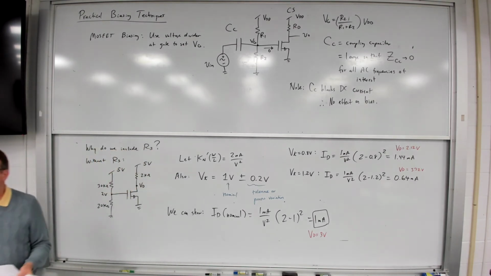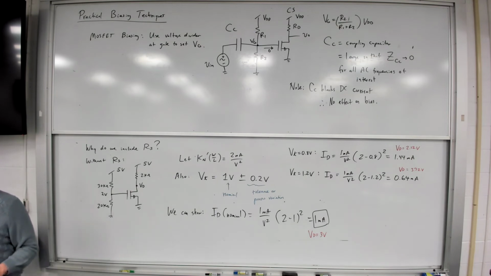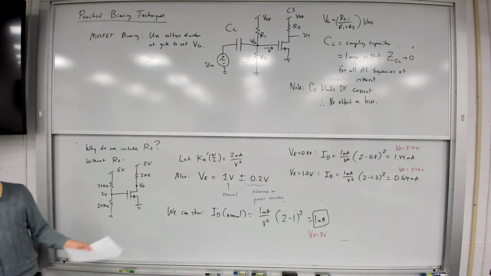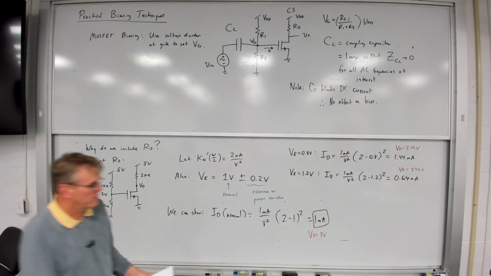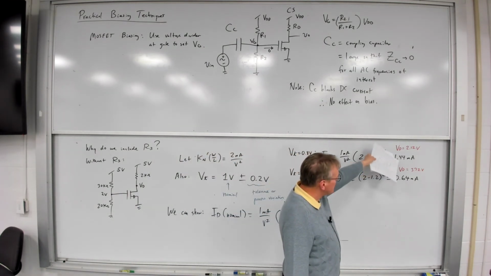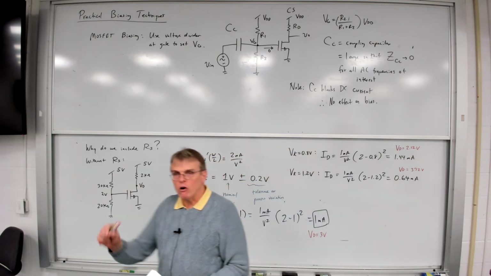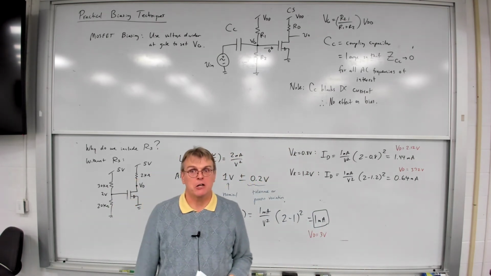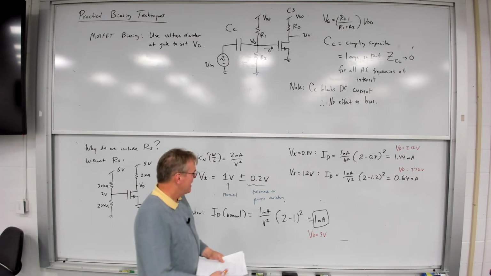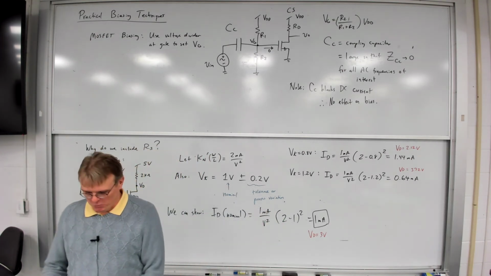Now in each of these cases I can prove the transistor remains in saturation, but what is interesting about these results? Notice I have a variation of plus 44% and minus 36% from a 20% variation. And why is that? Because it's being squared, and so that makes the effect of the tolerance even worse.